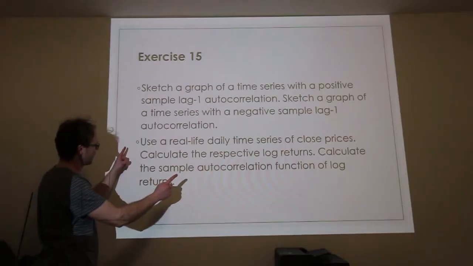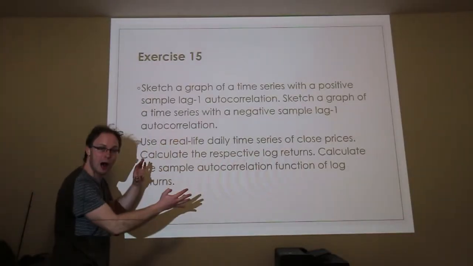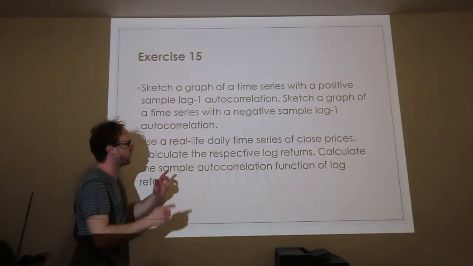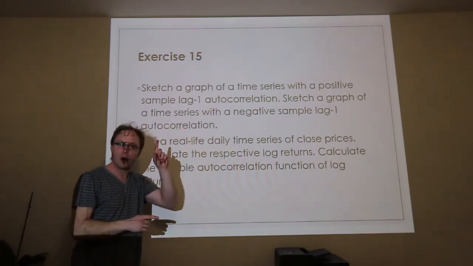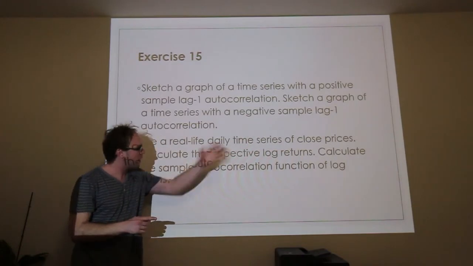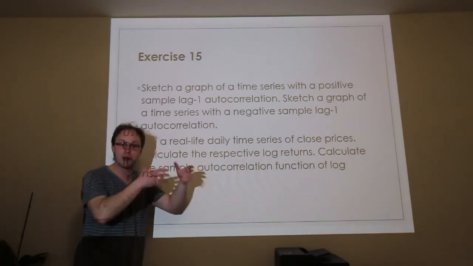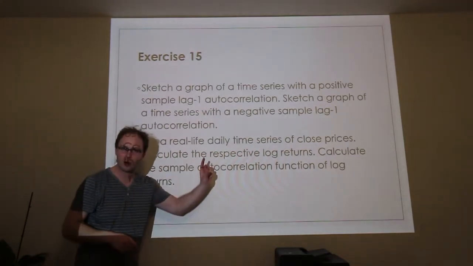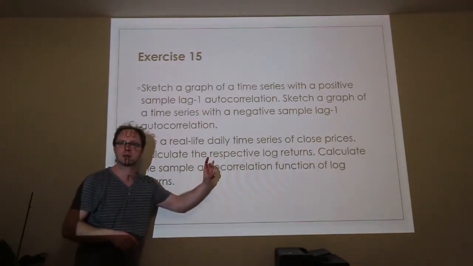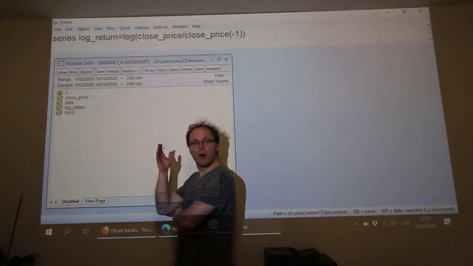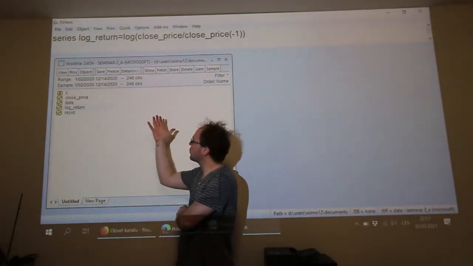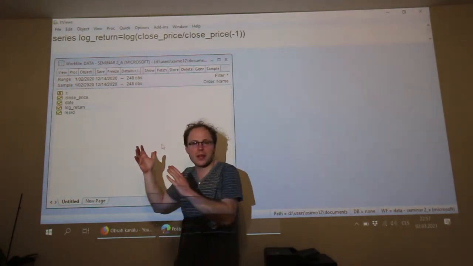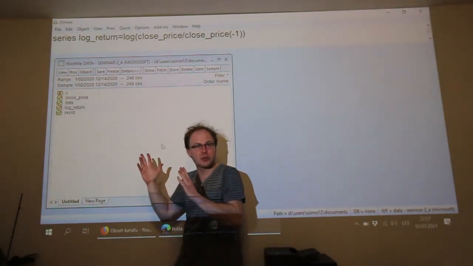And now the second part of this example. We will use a real live daily time series. We will open selected close prices in EViews software, and I will show you the sample autocorrelation function. I opened here for you in EViews software the close prices of Microsoft company.